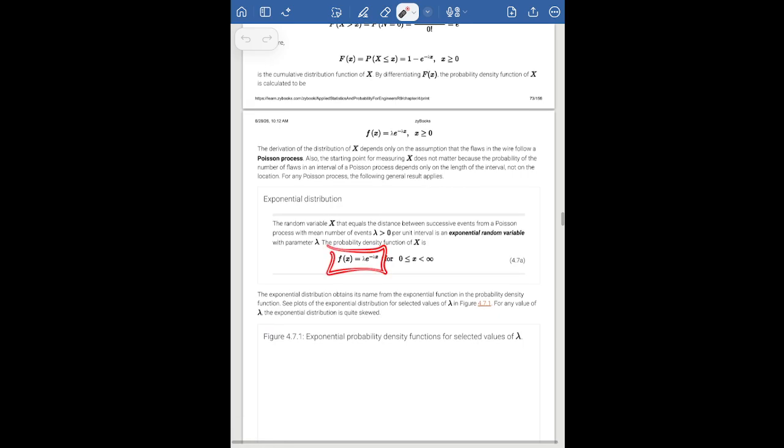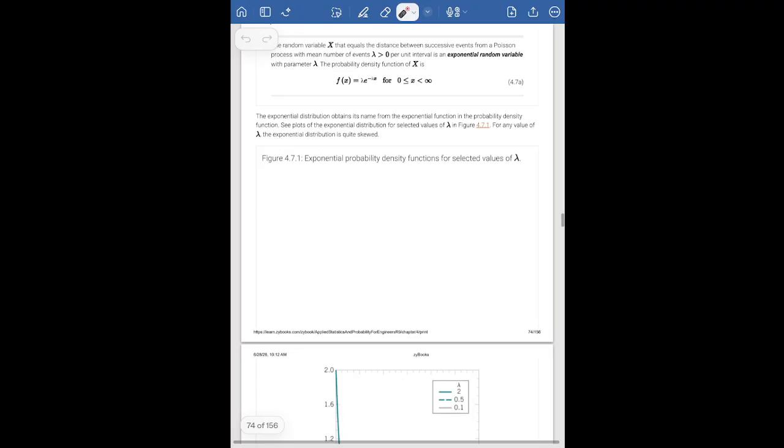So here we have from 0 to infinity. If you're looking at this as imperfections in the wire again, x is equal to the distance between successive events from a Poisson process with the mean number of events lambda greater than 0 per unit interval. Then we have an exponential random variable with that lambda as our parameter, and this is our PDF on that domain.